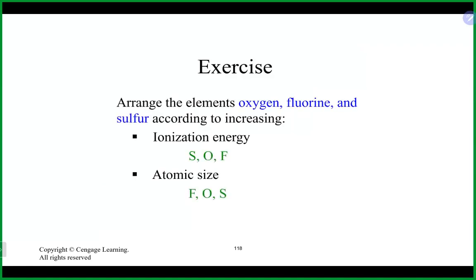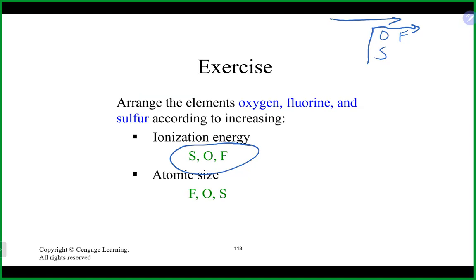And obviously here, to look at increasing ionization energy and atomic size, we look on the periodic table at the location of those three elements, sulfur, oxygen, and fluorine. In terms of ionization energy, it does increase as you go up and to the right, which is what we have here. SOF should be the correct order in increasing ionization energy.